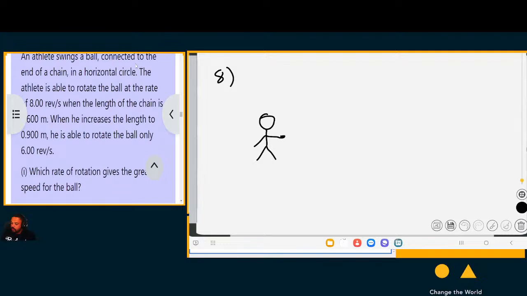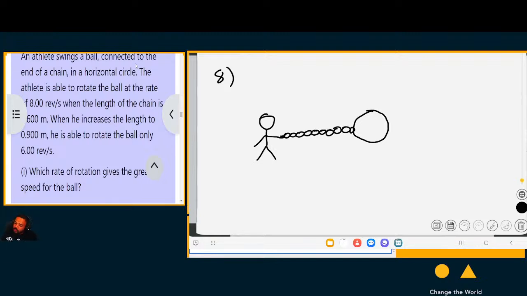Let's call him Sticks. Sticks has this chain, and connected to the end of this chain is this big ball.